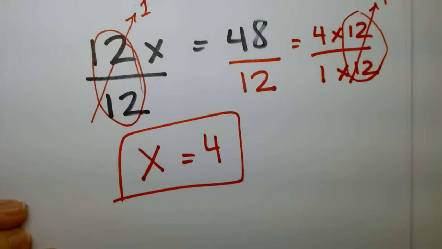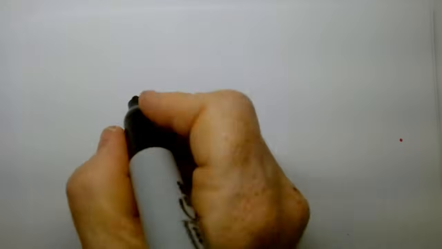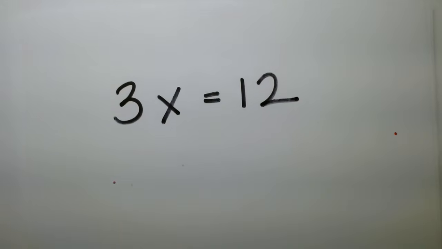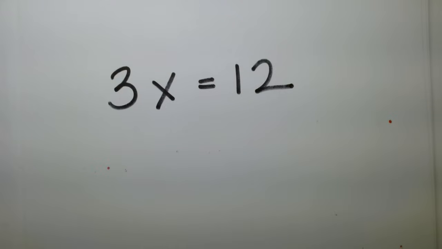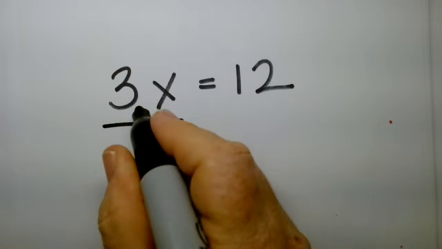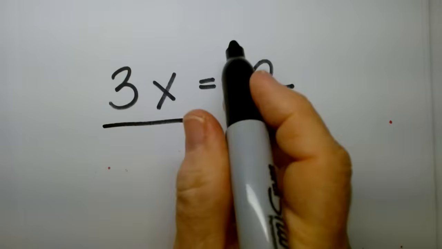All right, good. Let's try another one. What if I said 3 times x equals 12? What do I do there? I'm going to divide by whatever's in front of the x. If there's a 15, I'll divide by that. If there's a million, I'll divide by that.